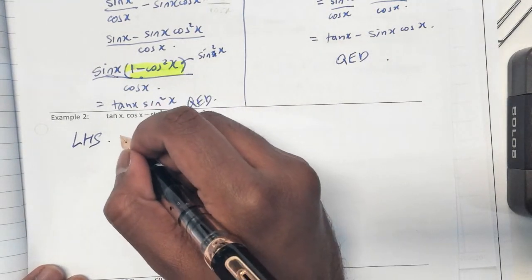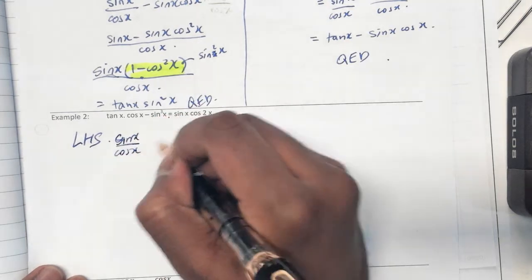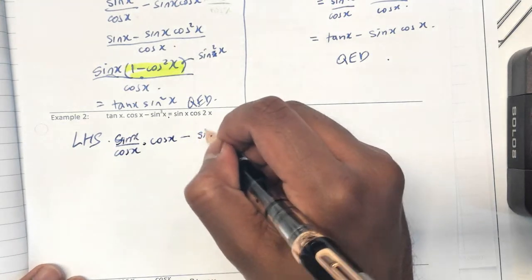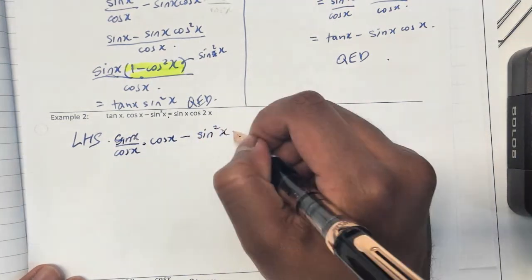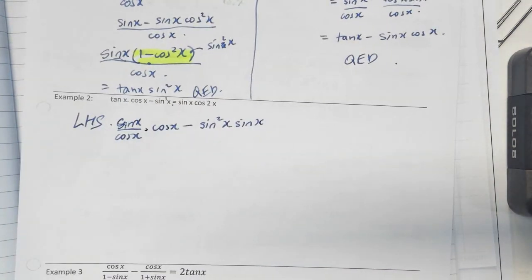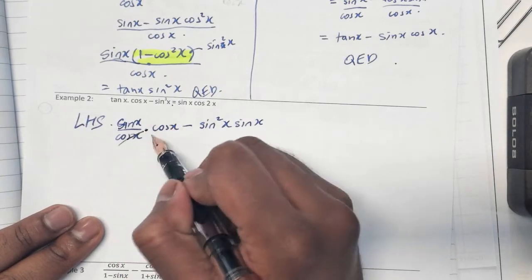So I would change that to sine x over cos x times cos x take sine squared x times sine x. Alright, so I can cancel that out.